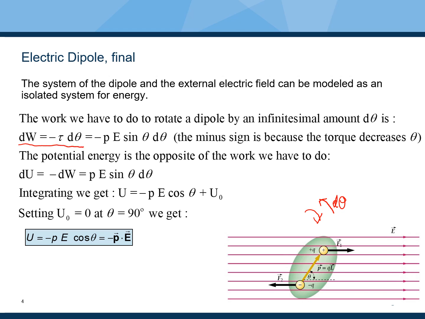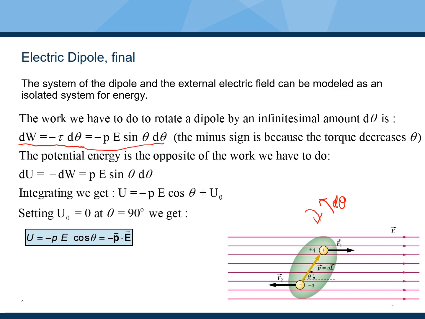So realize that work is equal to force times displacement, but the analog of force for rotational motion is torque, and the analog for displacement is angular displacement, and therefore we have the work done is just equal to minus tau times d theta, and therefore we can write that out explicitly because we have a formula for the torque, which is just P times E times sine theta.